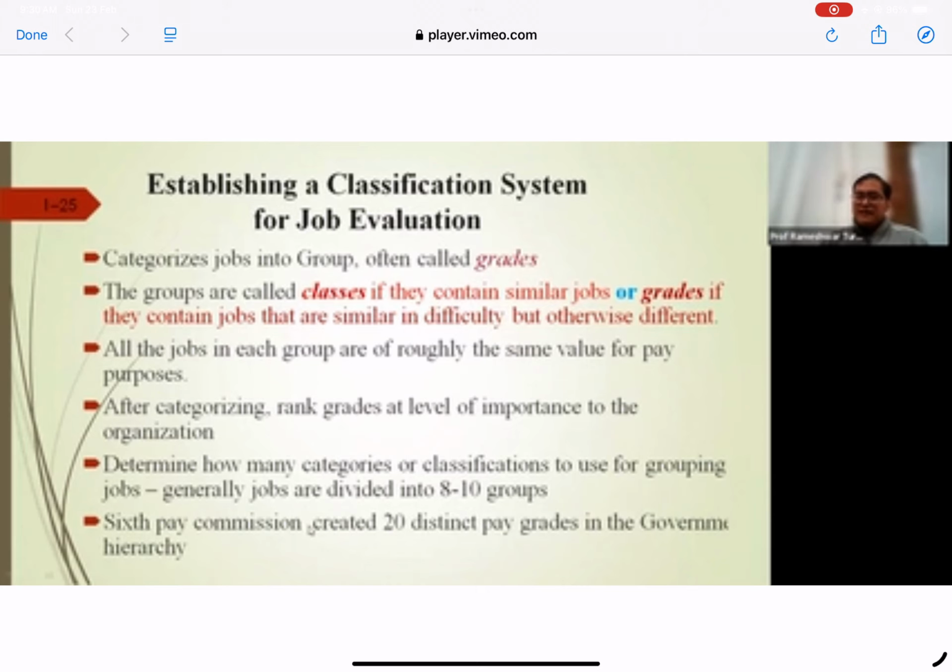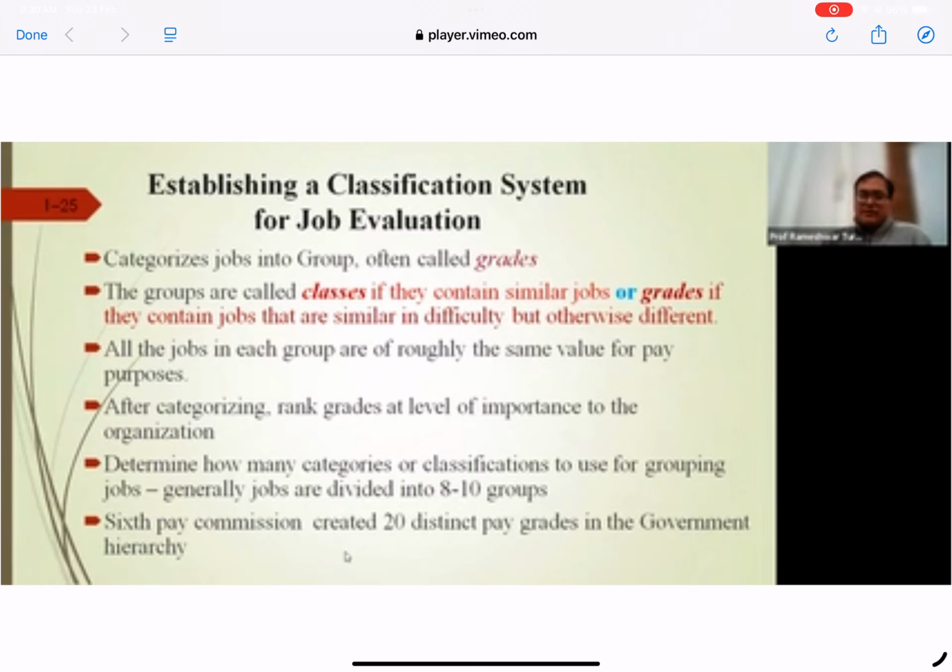For example, in the 6th Pay Commission, they created 20 distinct pay grades in government jobs. This is a description of group 7 in the 6th Pay Commission. For example, nature of assignment.